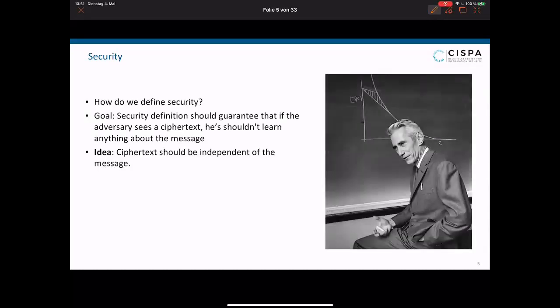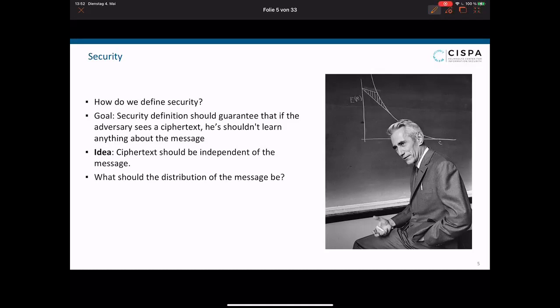And the idea of Shannon was to really throw all he had in terms of information theory at this problem. And he came up with a somewhat really hard to work with definition that included entropies of messages and ciphertexts.